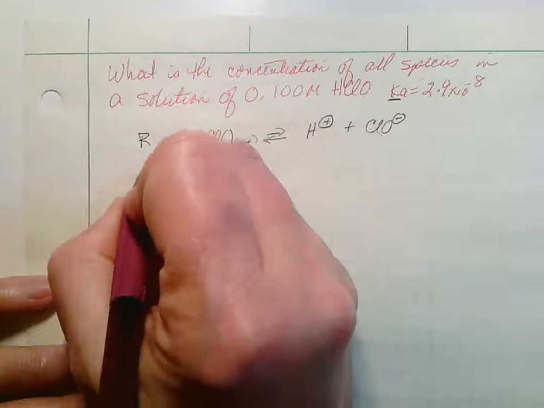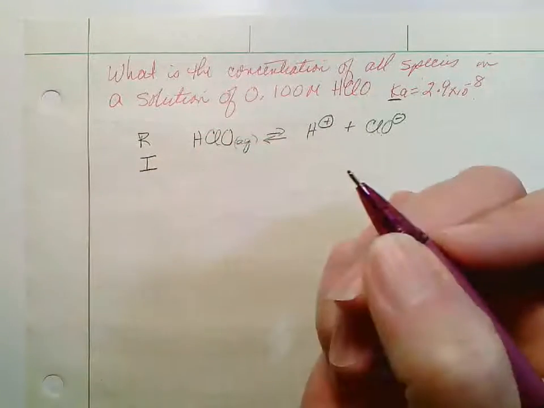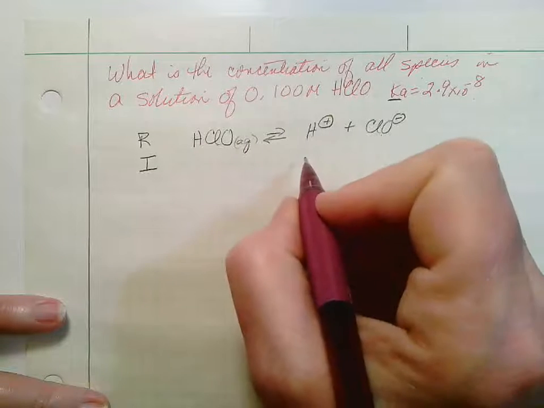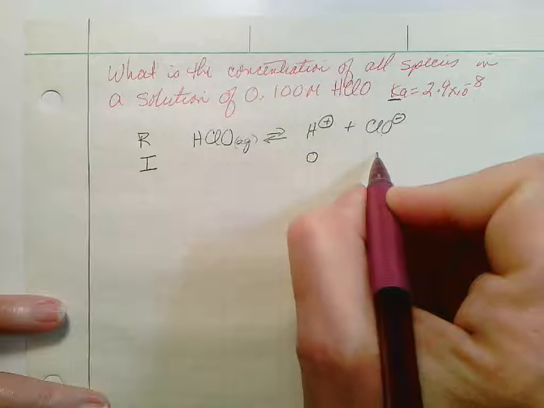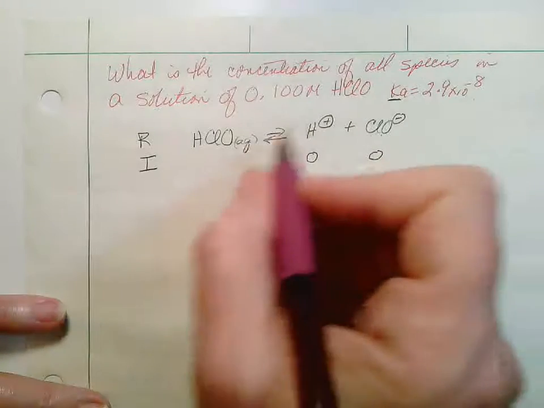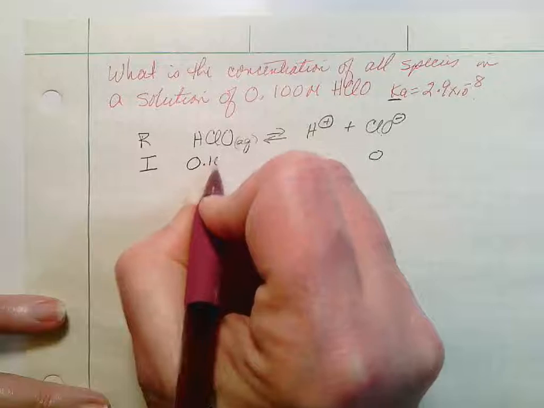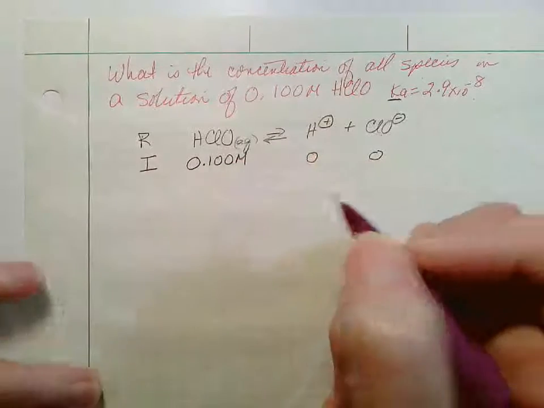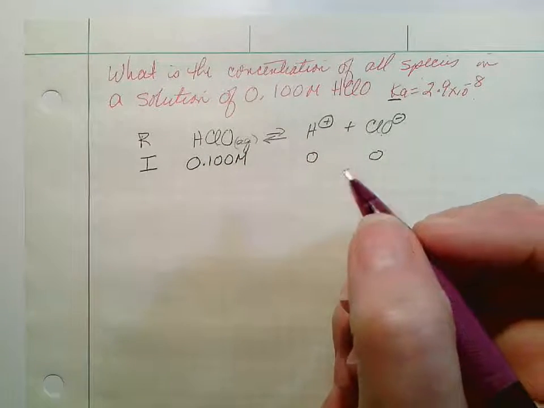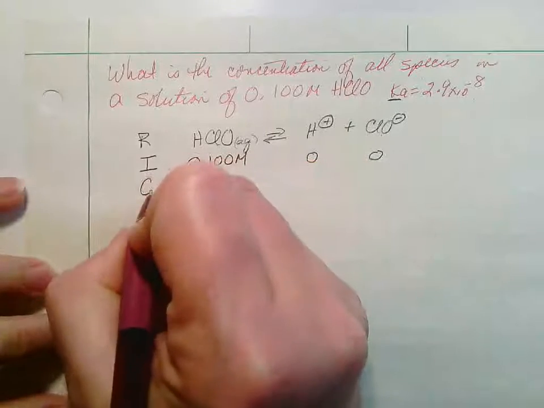So initially, I'm just preparing the solution. I have not created any products yet, but I'm making a solution that's 0.100 molar. As soon as I mix this together, I start to see a change.